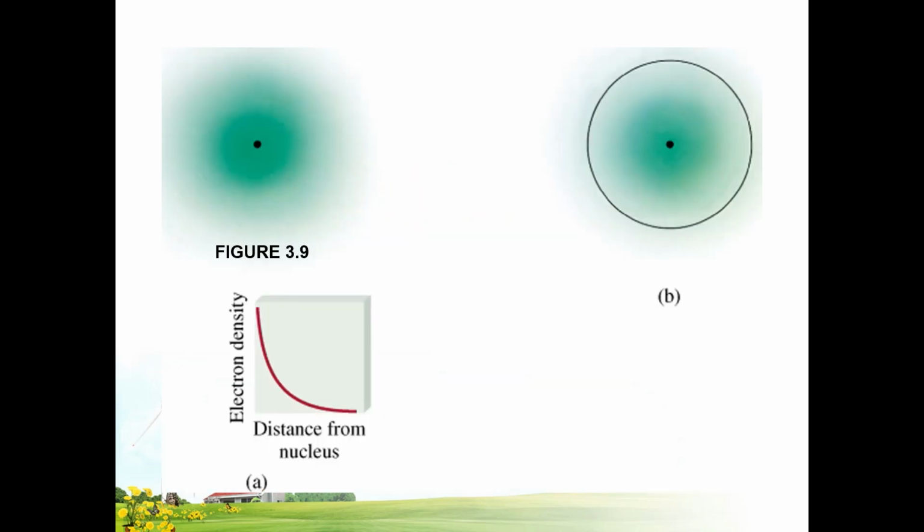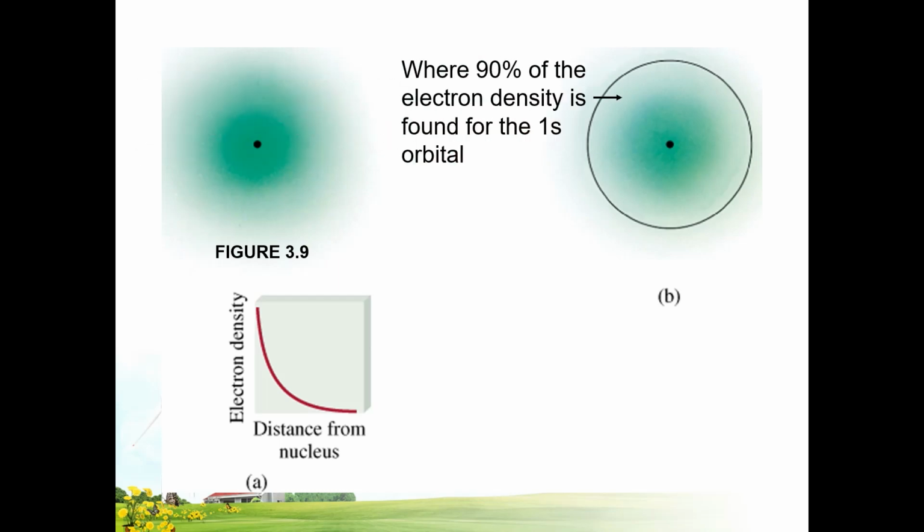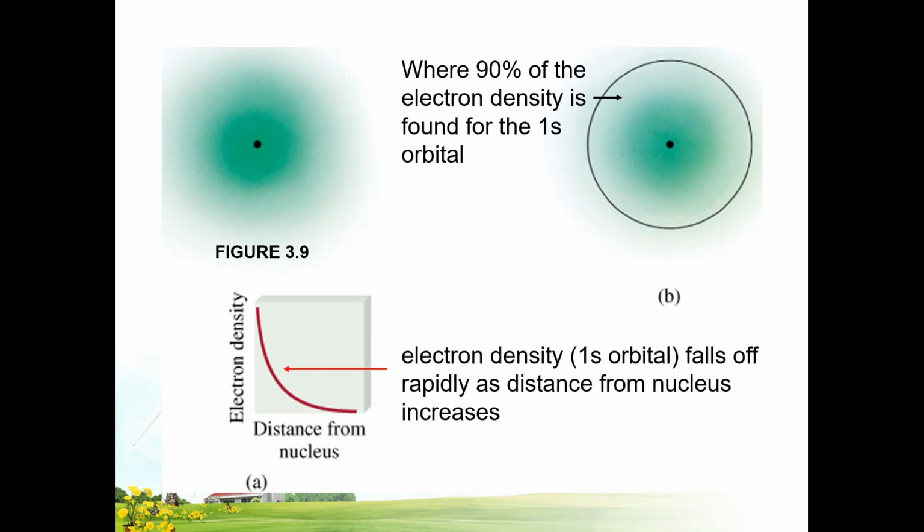As you can see in figure 3.9, the black dot there is the nucleus of an atom, and the shaded green area is where 90% of the electron density is found for the 1s orbital. If we plot electron density against distance from nucleus, we would find that the electron density for the 1s orbital falls off rapidly as distance from nucleus increases.